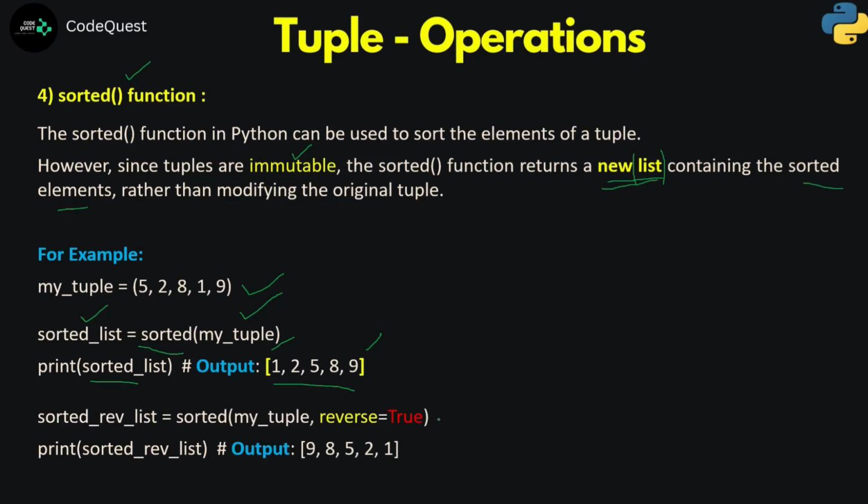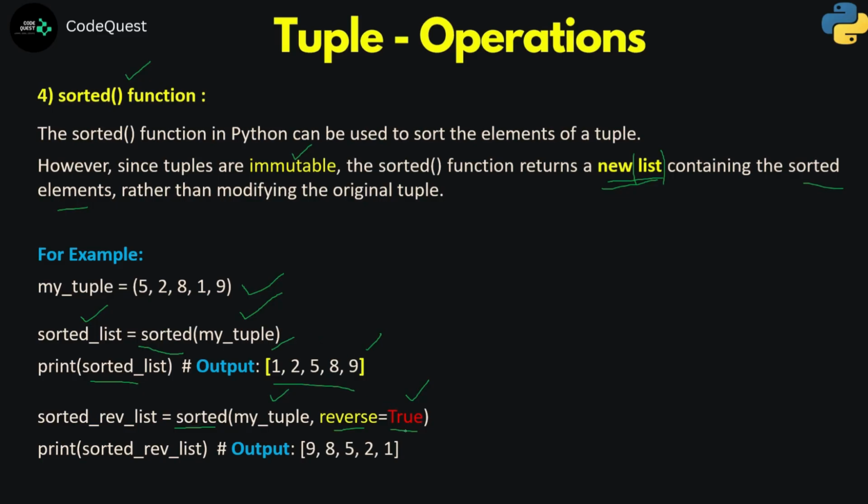If you want the elements to be arranged in descending order, we can take an additional parameter, that is reverse, and you can set it to True. So we call sorted on a particular tuple which has this list of elements, and then you can use this second attribute, reverse, and set it to True. By default, even though we have not used reverse, it is read as False here.